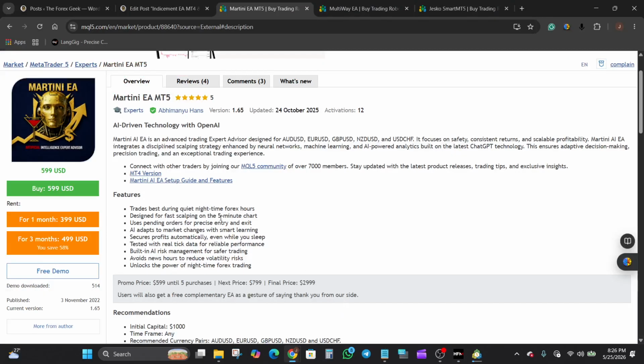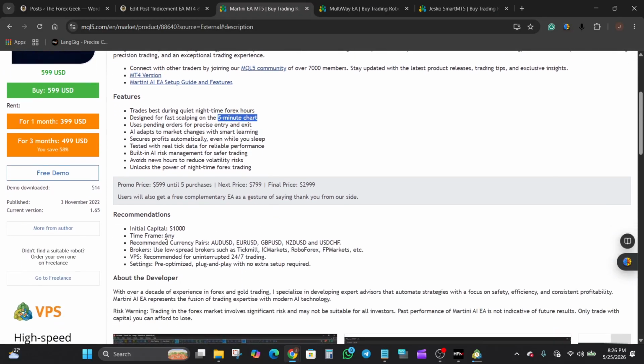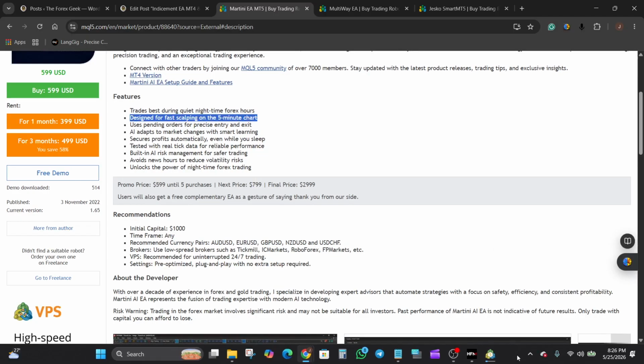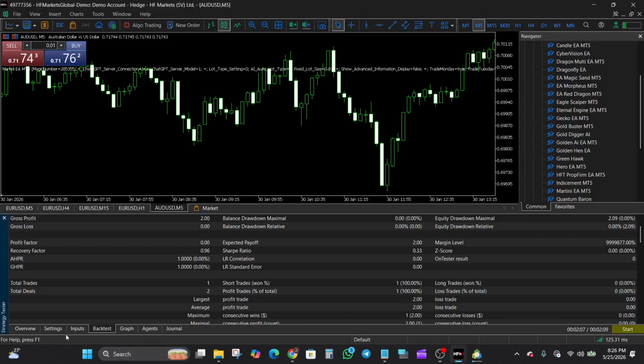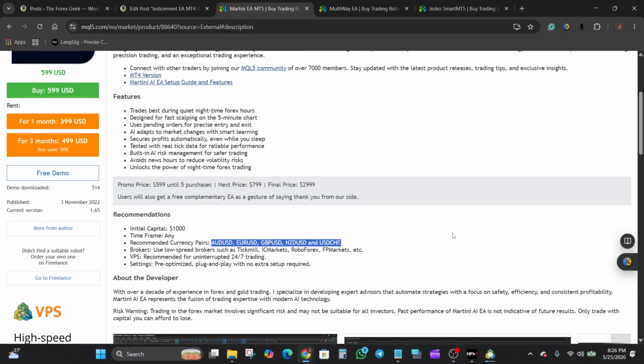And we actually used the 5-minute chart, which was recommended, right? Since this is designed for fast scalping on the 5-minute chart, that was why we used the 5-minute chart for this test. But since under recommendations you can use any time frame, I will recommend that you test the EA across different time frames and across the different recommended currency pairs as well.